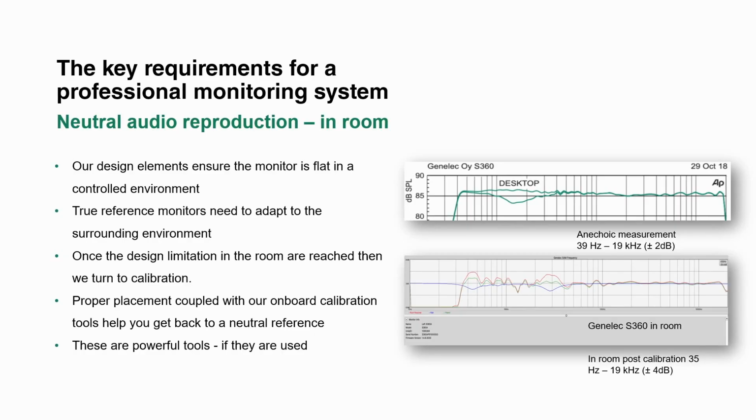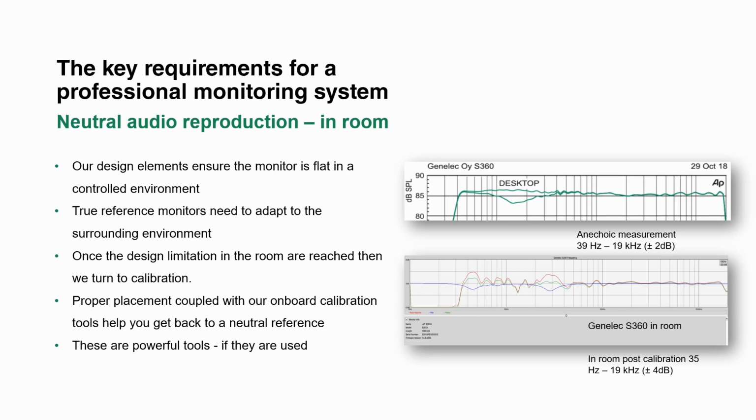So if we look on the right hand side, we can see the frequency response of a Genelec S360 in anechoic conditions. So this is measured at the factory. And then below, we can see the in-room response of that monitor. So the red plot there is the in-room response. And what we've been able to do with our calibration techniques, and in this case, within GLM, is to reduce some of those room influences.